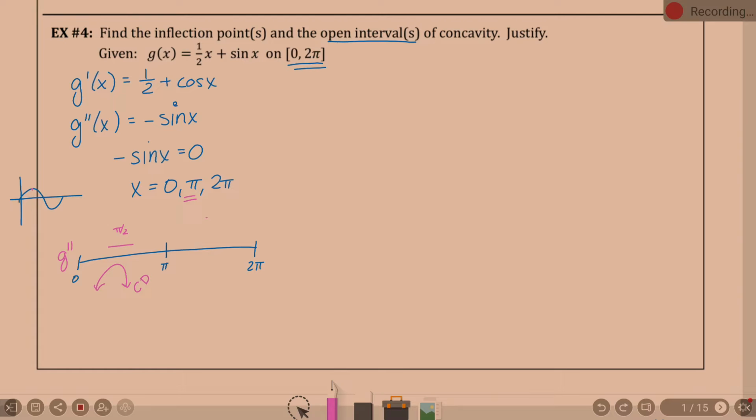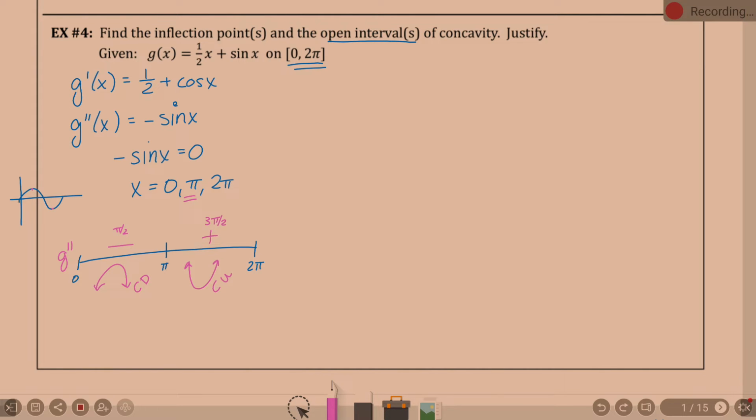In between pi and 2 pi, my brain's picking 3 pi over 2. Sine of 3 pi over 2 is down here at negative 1, but the negative is going to make it positive. Positive second derivative indicates concave up. Smiley face or frowny face?